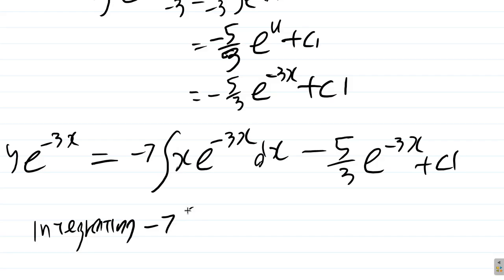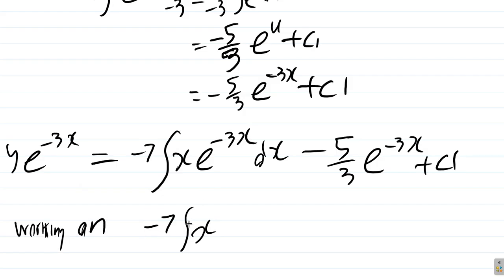Integrating negative 7 integral of x. Well, I say integrating and then integrating again. Let's just call it working on negative 7 integral of x e to negative 3x dx.